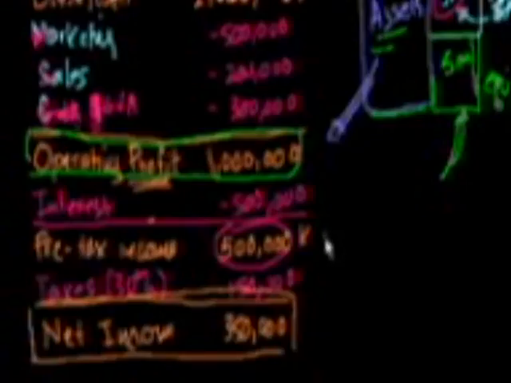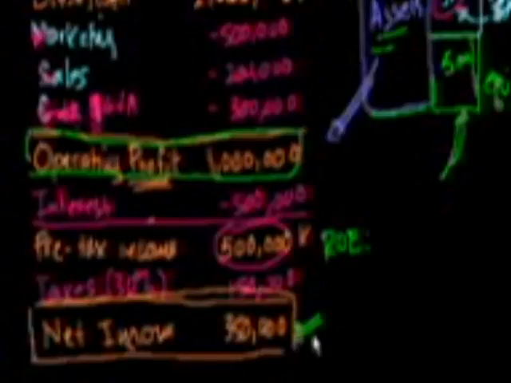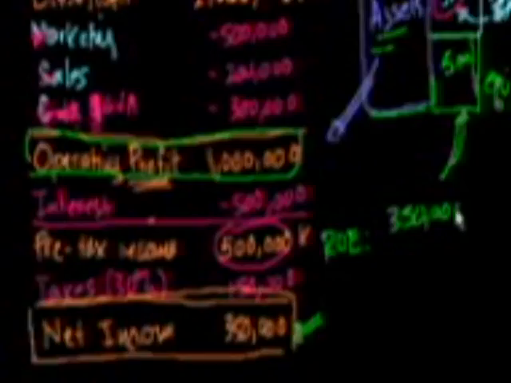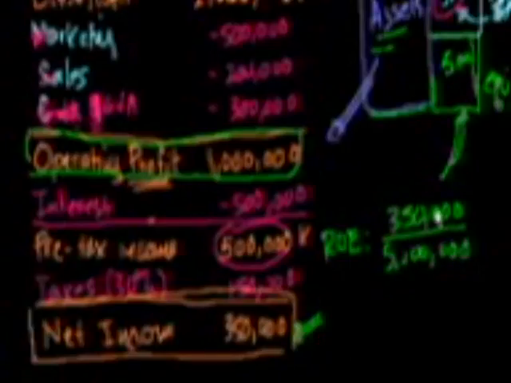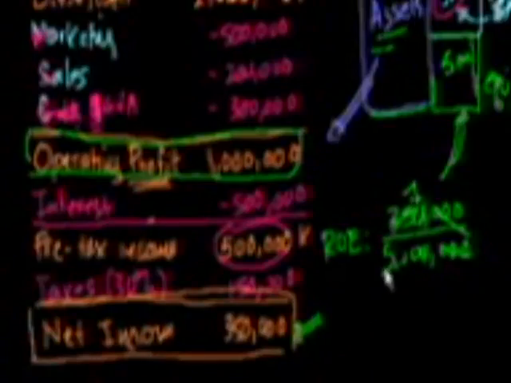For return on equity, the numerator is the net income that we got, so it's $350,000. And the denominator here is the equity, the book value of our equity. So that's $5 million. Let's cancel some zeros out. So it's like 35 over 500. 35 over 500 is the same thing as 7 over 100.